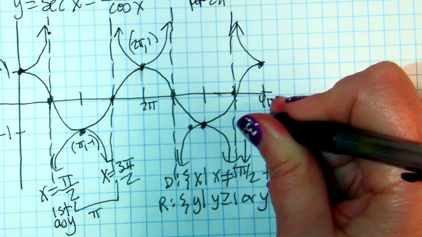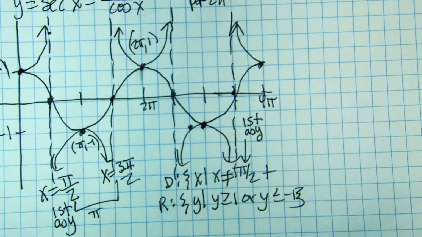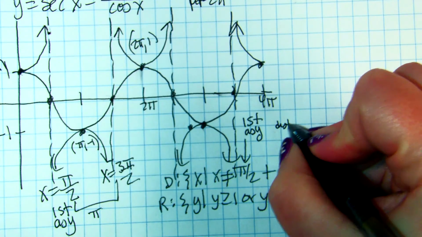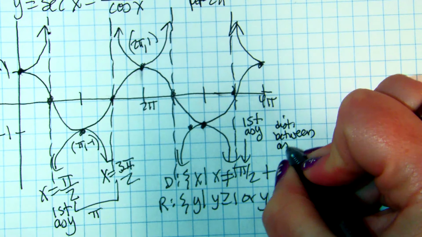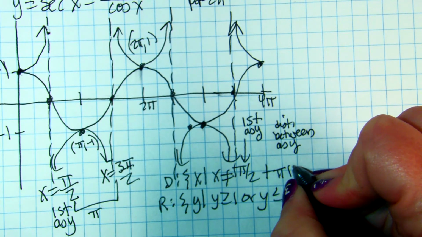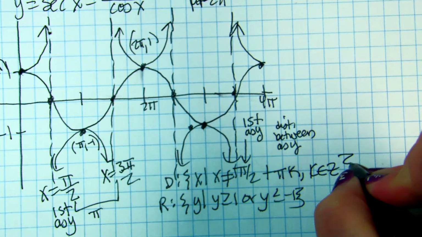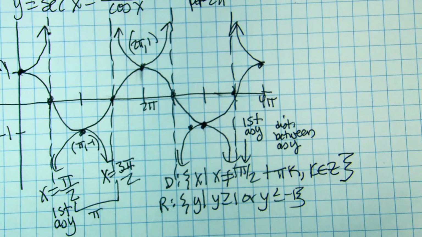First asymptote to the right of the y-axis, plus distance between asymptotes, which is pi. It's half the period. Pi k. K is an element of the integers. So we're getting into some complicated stuff.